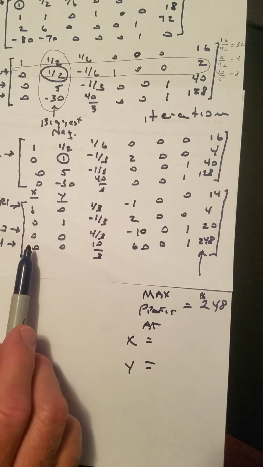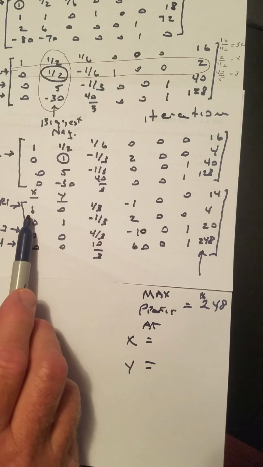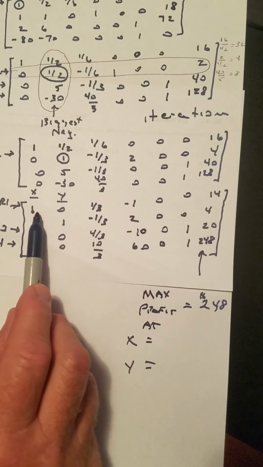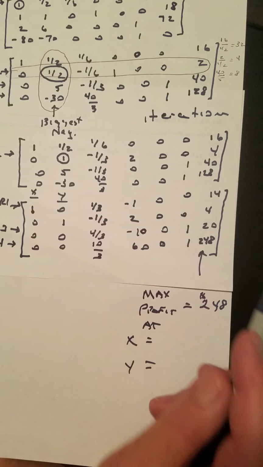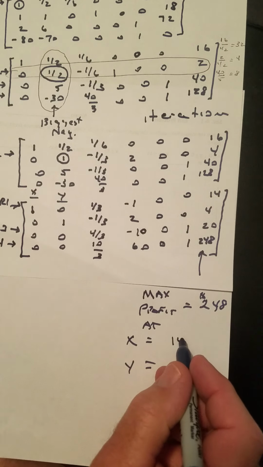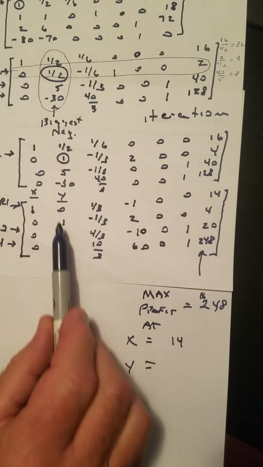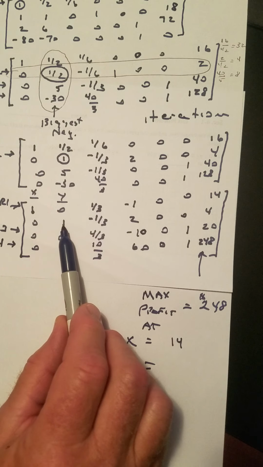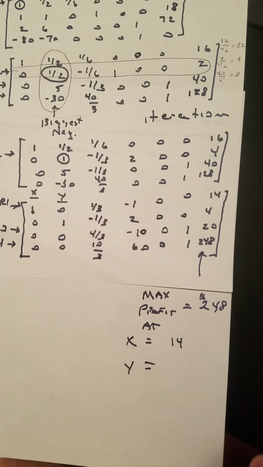A unit column means you have a 1 and the rest of them zeros. Okay, so where is the 1? The 1's right here. So that means the X value, if I follow the 1 and go straight across, X is going to be 14. In the Y column, the 1 is here. It's a unit column. I go across here, I get 4.